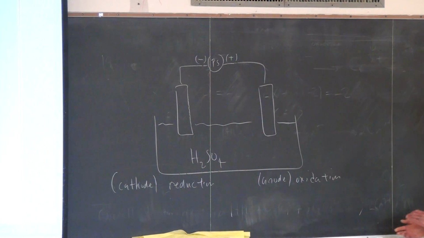So what's going to be produced at the cathode? H2 or O2? H2. Yeah, so H2. So what equation are we going to use of those 4 on the other side of the chalkboard for the reduction?